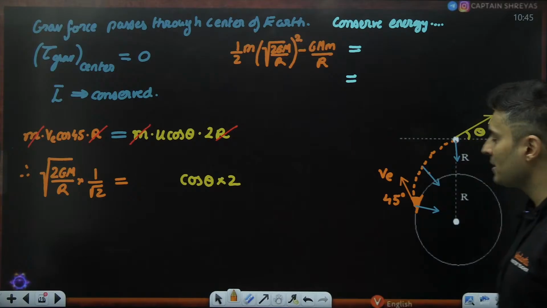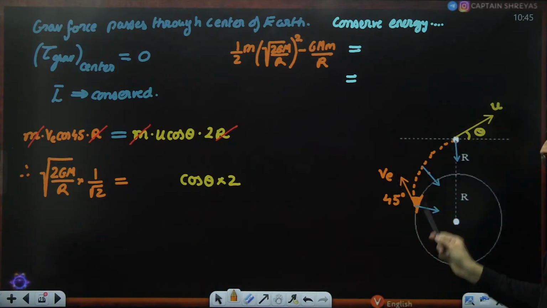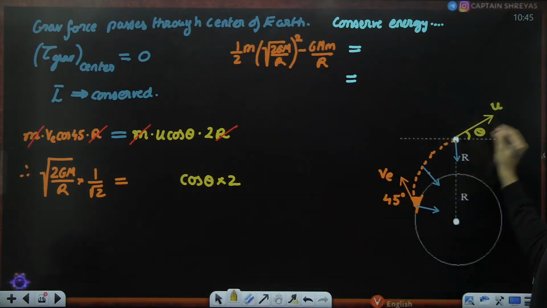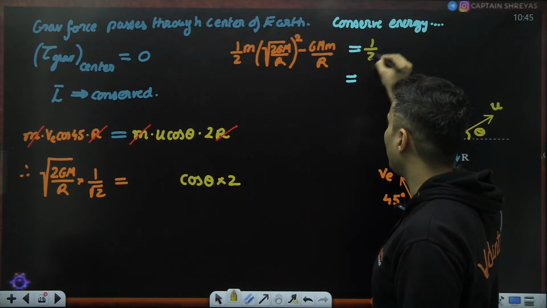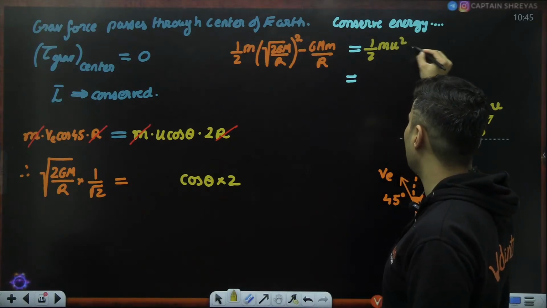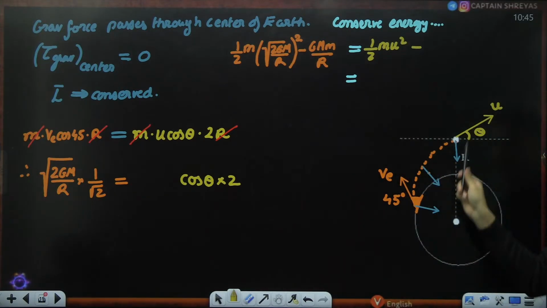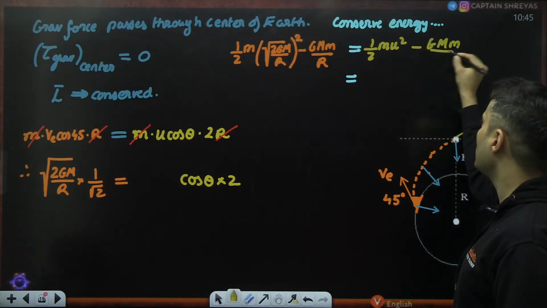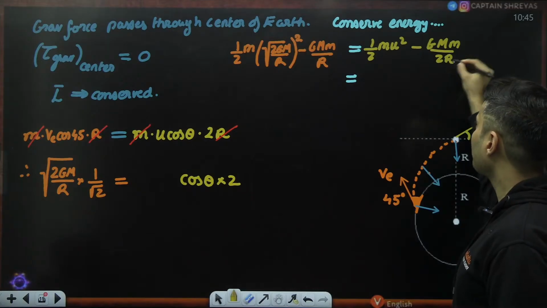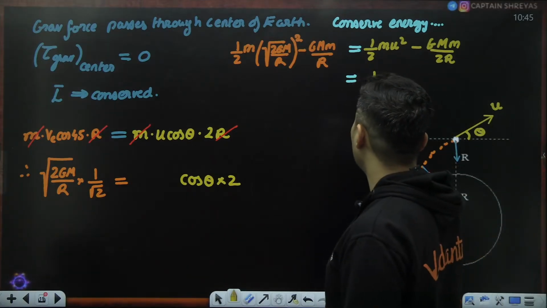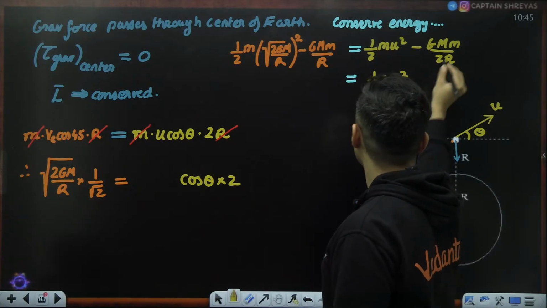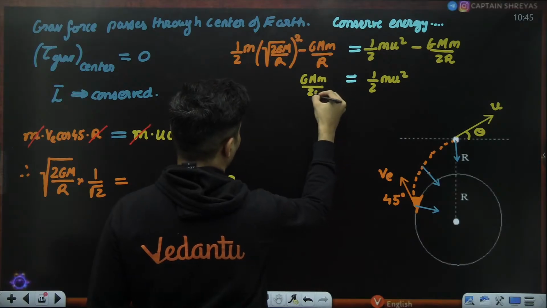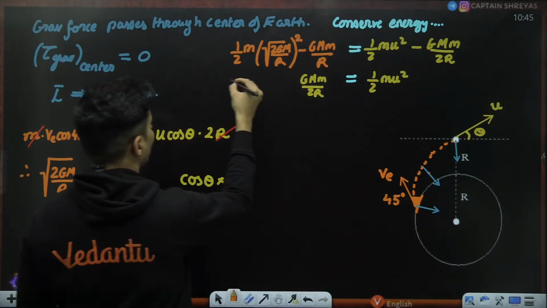This was kinetic energy, because of the escape speed, and potential energy because of the separation, is equal to, when it reaches the top, the kinetic energy will be just half m u square irrespective of theta. It is a scalar quantity. Gravitational energy will be negative, so minus GMm divided by 2R. Okay, I want half m u square, by the way. So half m u square will be, take this GMm by 2R on this side, and on this side, what do we have?